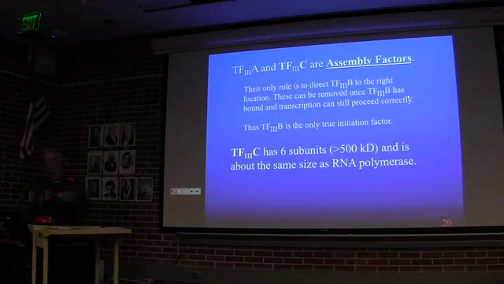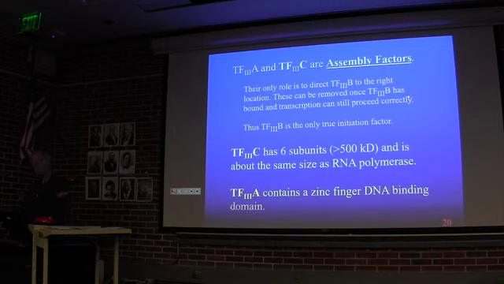You need to know some of the properties of these 3 basal transcription factors. C, it's huge. It's 500 kilodaltons, about the same size as RNA polymerase. A contains a zinc finger DNA binding domain.